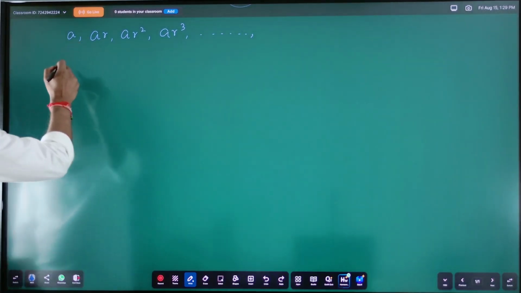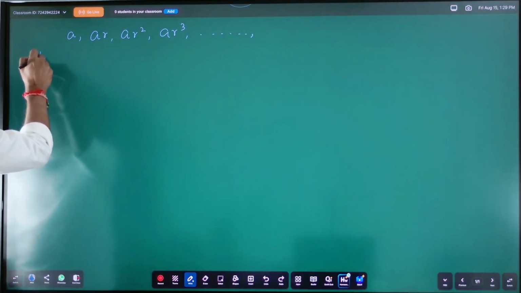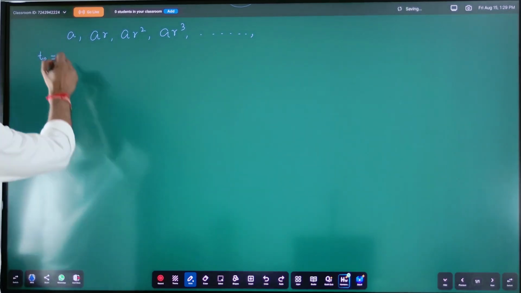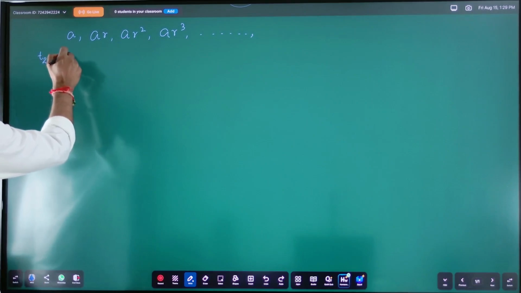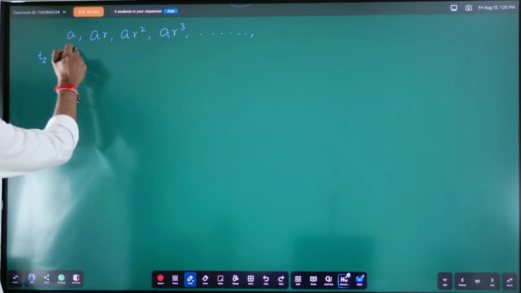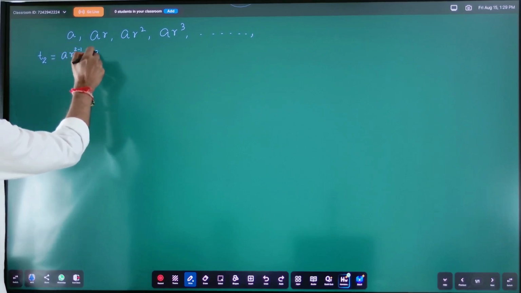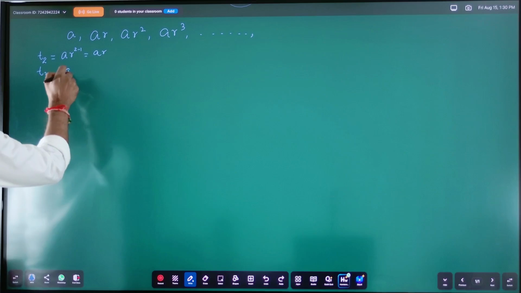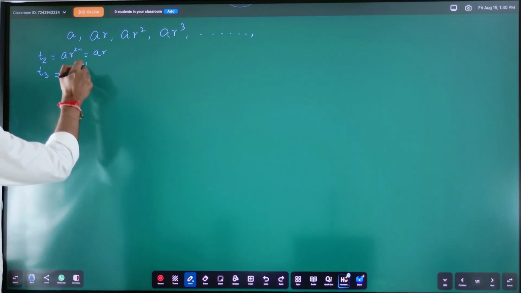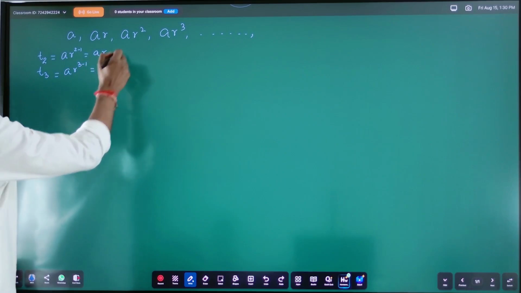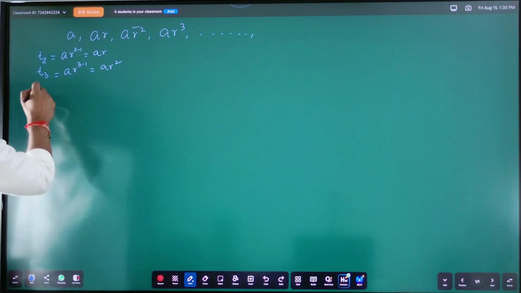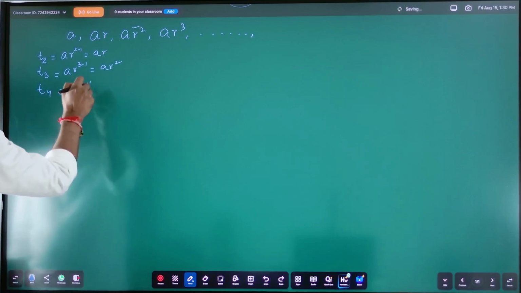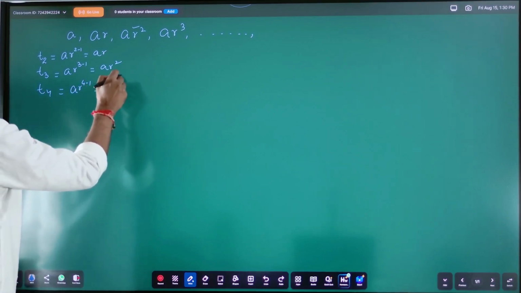So you see, when you are writing the second term, T2, your number is ar, second term minus 1, that is ar. When you are writing the third term, your number becomes ar square. When you are writing the fourth term minus 1, it becomes ar cube.